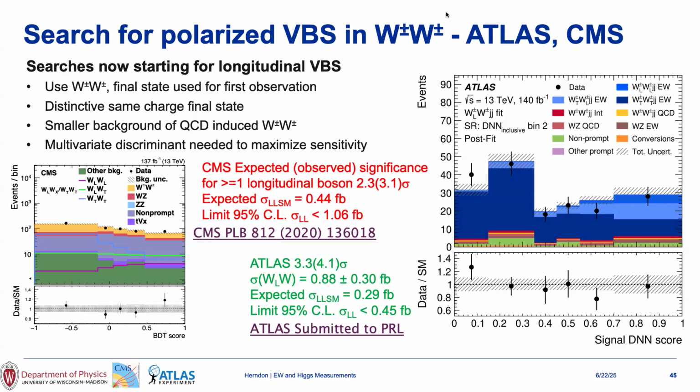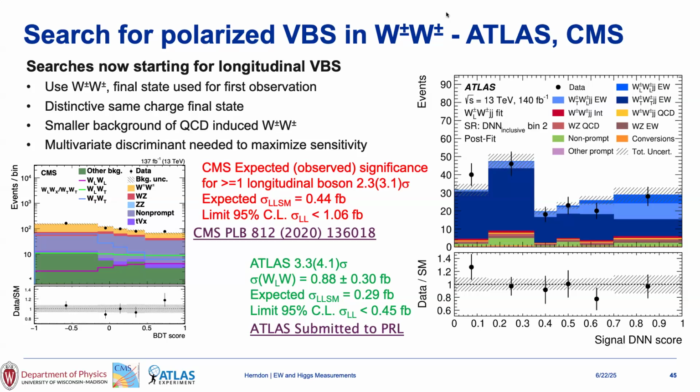So the only analysis that this has been done somewhat successfully in is the one with the largest signal and the most obvious final state, the W plus W plus. So with W's, you get a larger signal, slightly less because of the same sign, but the same sign really gives you a very distinct signal that doesn't look like anything else in the standard model.